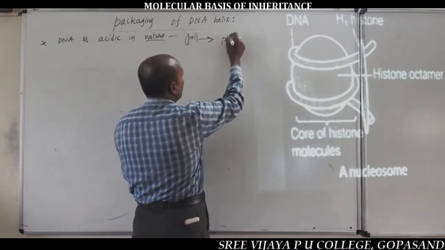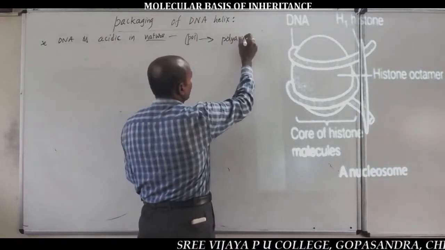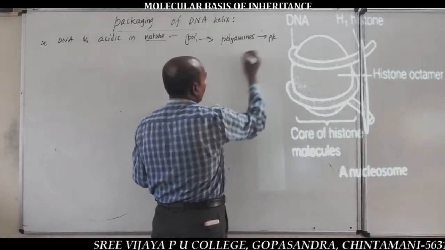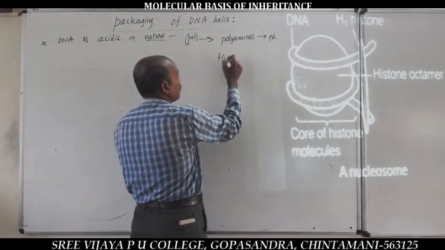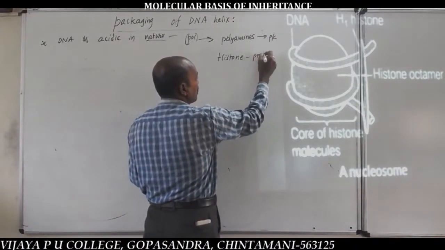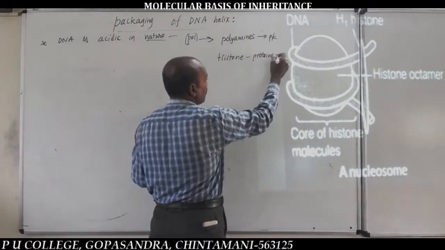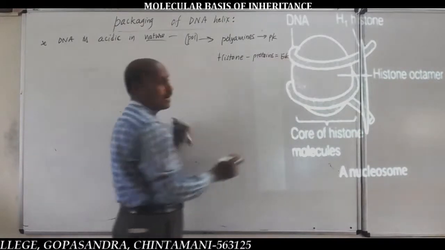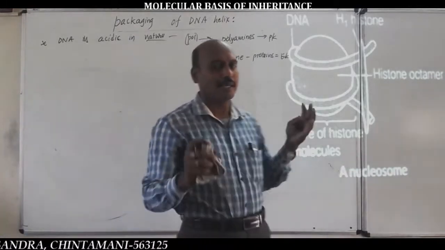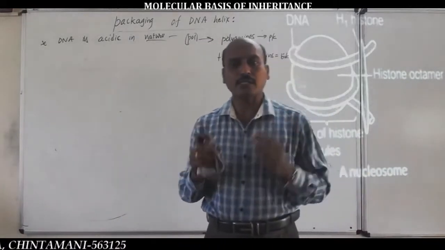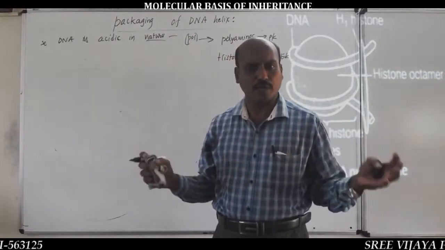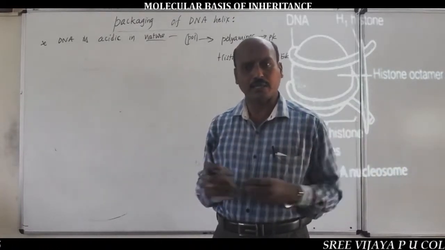Like polyamines in prokaryotes and histone proteins in eukaryotes. Very important. Listen here. Generally, DNA is acidic in nature due to the presence of more phosphate functional groups, orthophosphoric acid.